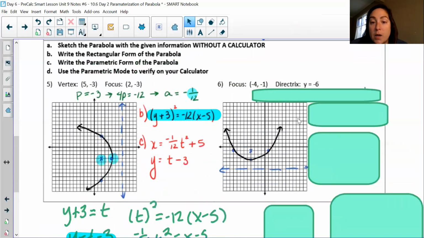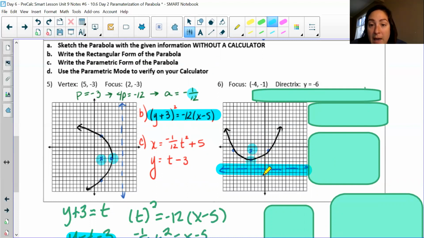All right, so our second equation here, our focus is at -4, -1, and our directrix is the line y equals -6, which means our vertex is going to fall right in the middle, at x equals -4, y equals -3.5.